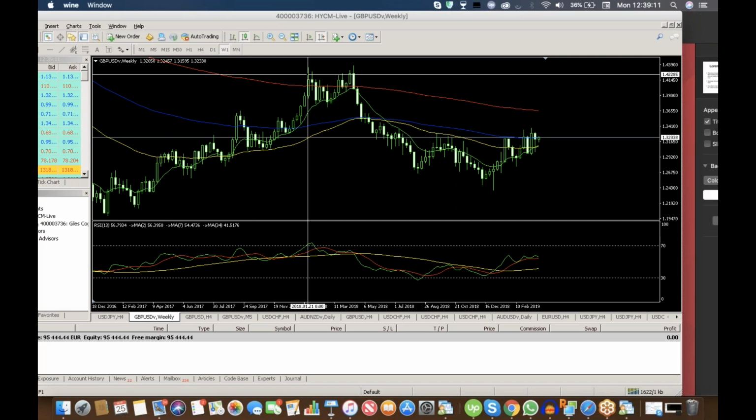Let's check some other price charts. Let's look at pivot points for the pound on the weekly chart.